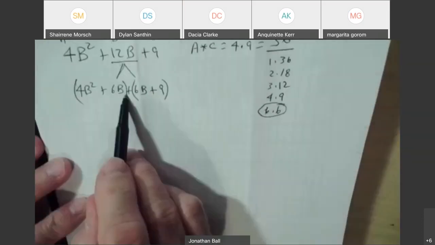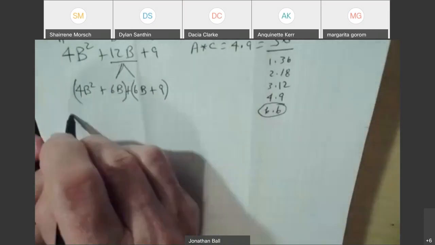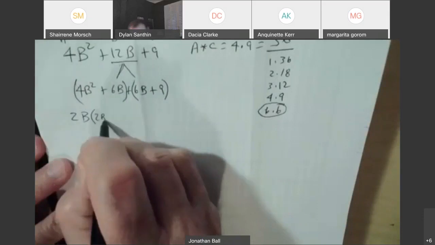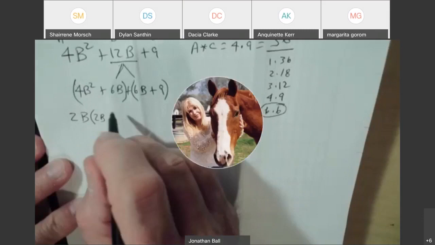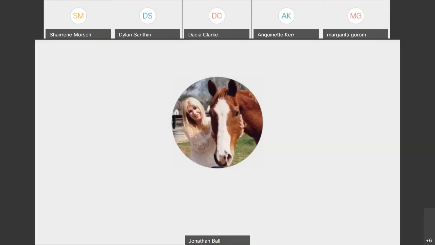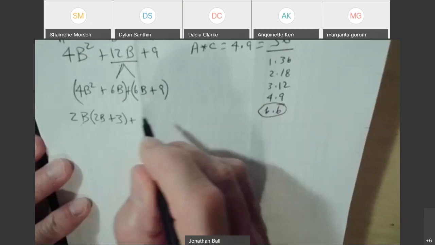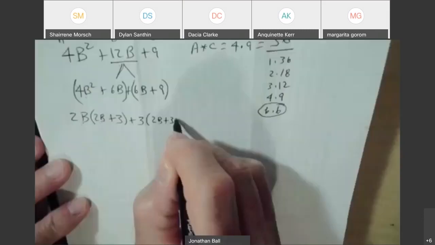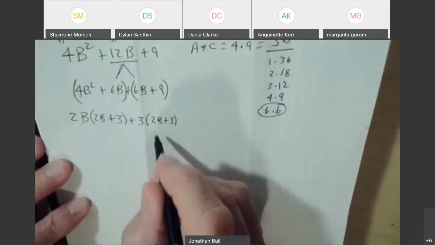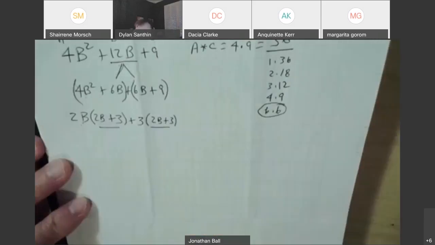And what can we factor out of this misery here? 2b, right? 2b plus, was it 3? Yeah. 2b times 2b is 4b squared. That's right. 2b times 3 is 6b. That's right. Plus, now what can we factor out of this? 3. 2b plus 3. And again, these two terms have to be the same, and they are.